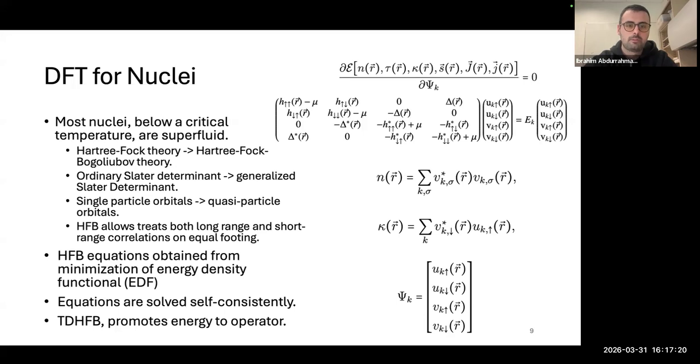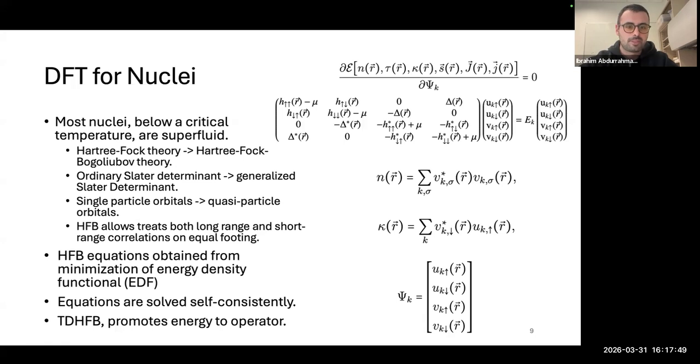In order to have superfluidity, you have to extend Hartree-Fock to Hartree-Fock-Bogoliubov theory, where now at the Fermi level, you have a diffuseness of the occupation probabilities. So you basically go from single particles to quasi-particle orbitals, which are linear combinations of particle-hole excitations on a Hartree-Fock vacuum.